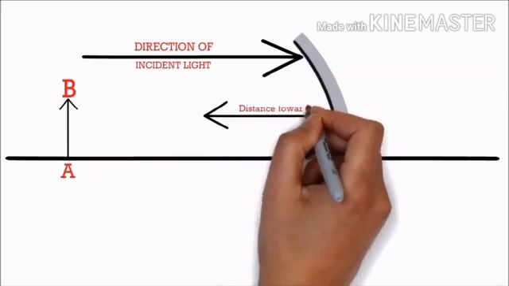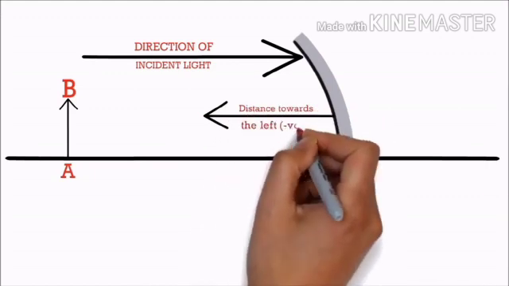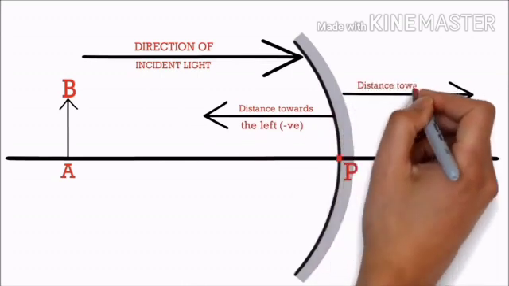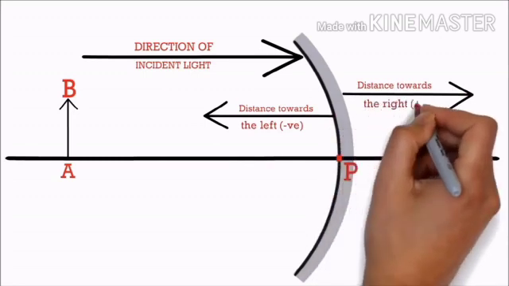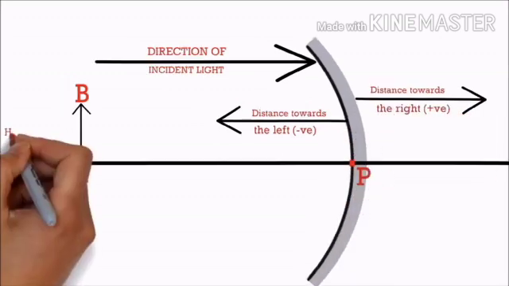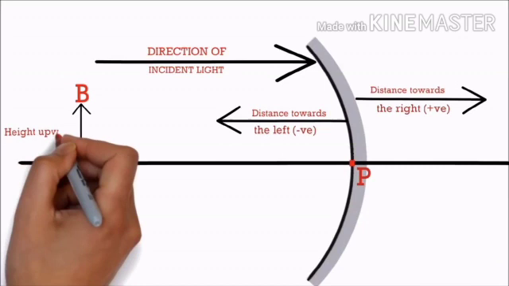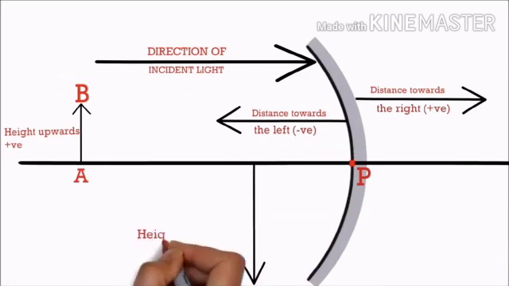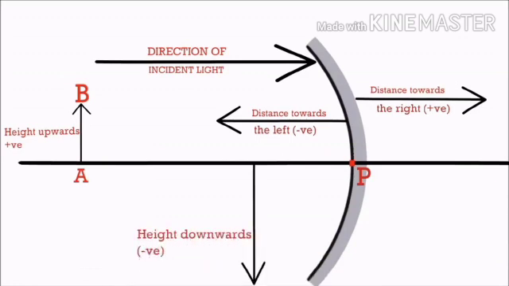A distance towards the left is considered negative. A distance towards the right is considered positive. Height upward is considered positive. Height downward is considered negative. This is the sign convention.